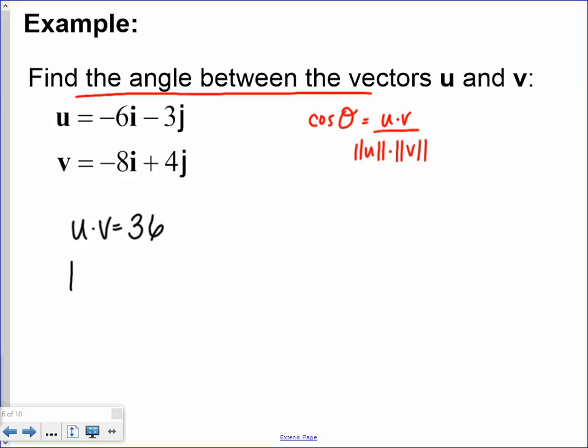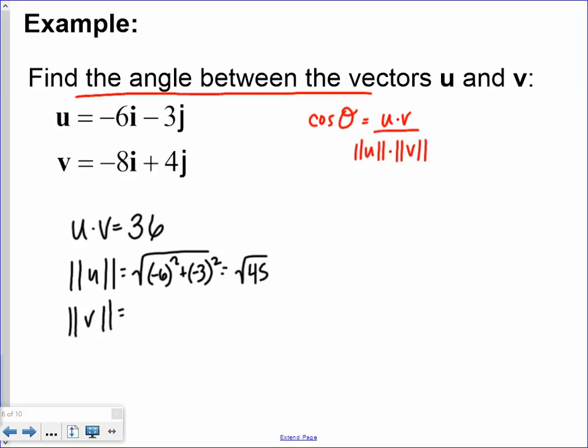So I'm going to do the magnitude of u, which is the square root of -6 squared plus -3 squared. And that would be 36 plus 9, so the square root of 45. And the magnitude of v is equal to the square root of -8 squared plus 4 squared, which would be 64 plus 16, so the square root of 80.